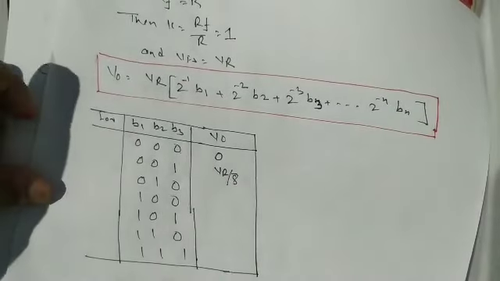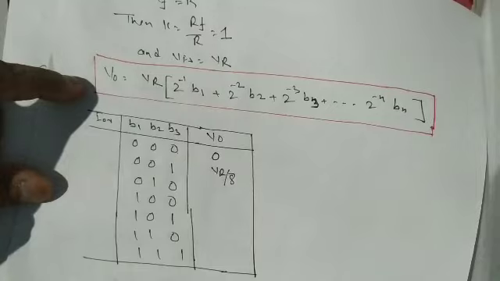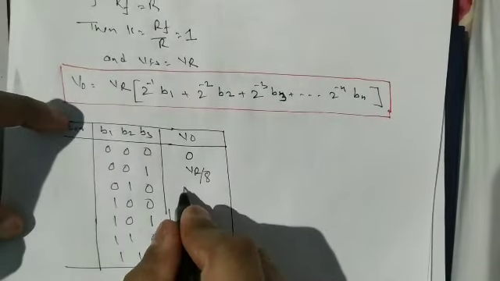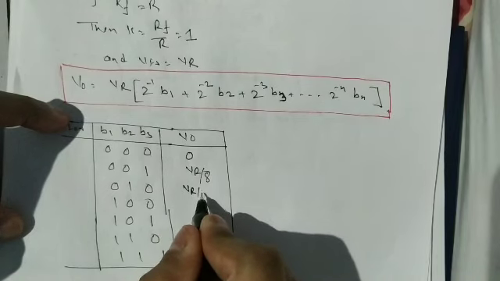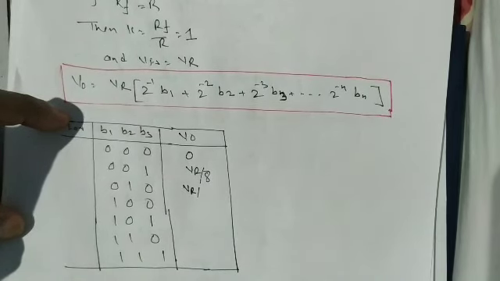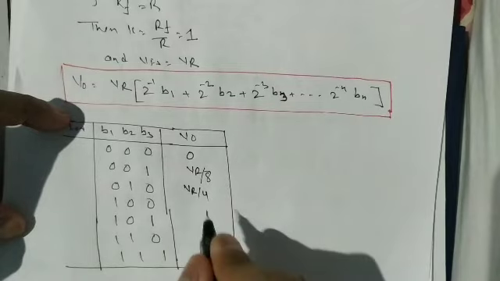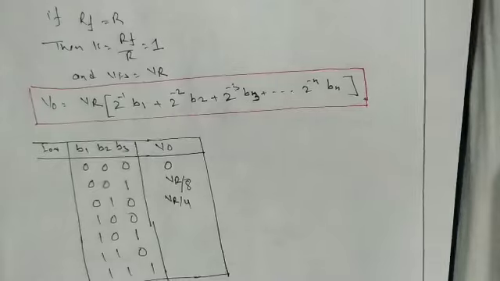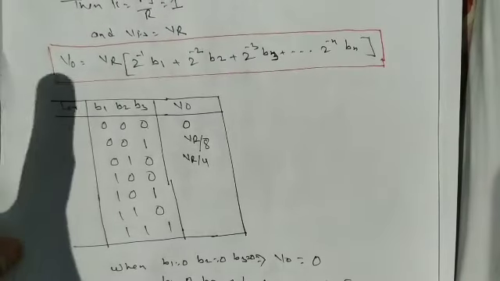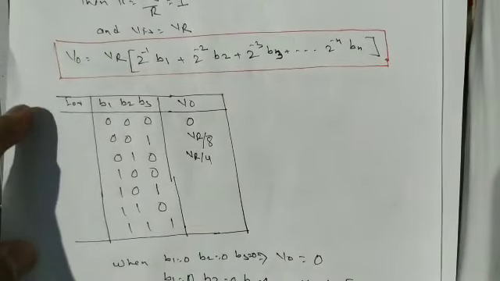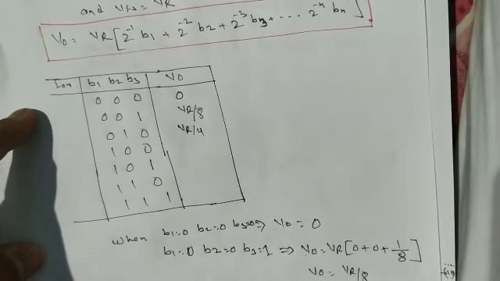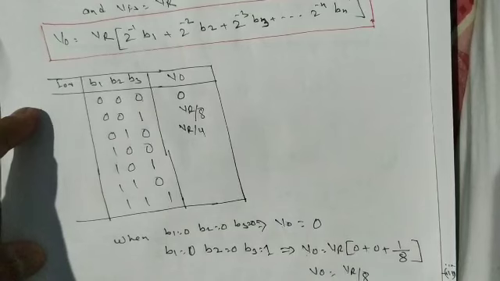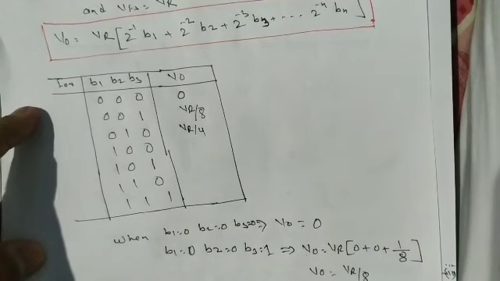We can easily calculate it. Now, when B1 equal to 0, B2 equal to 1 and B3 equal to 1, what is the value of V0?